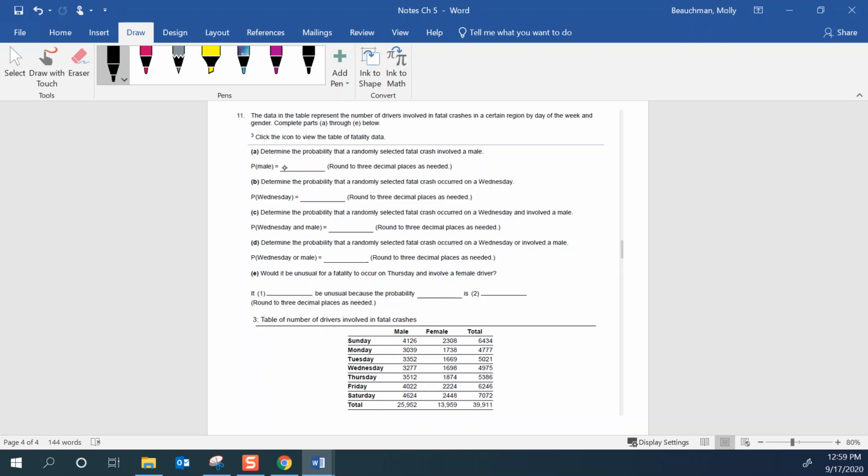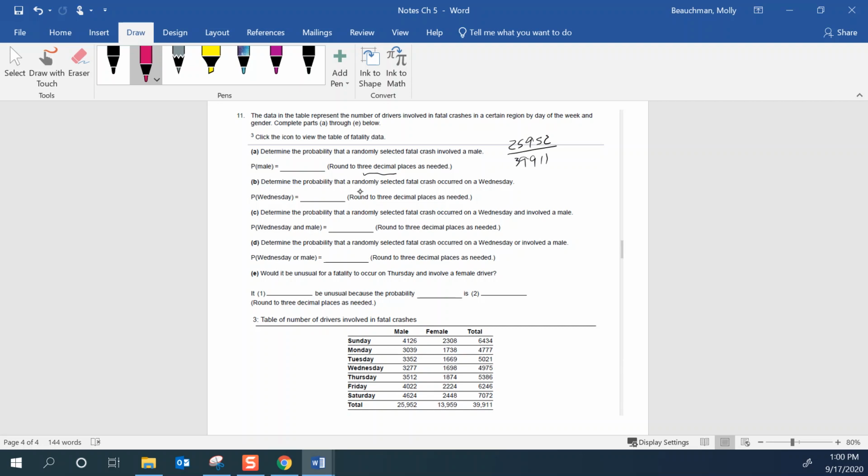So for A, determine the probability that a randomly selected fatal crash involved a male. So we would take male, 25,952, divided by the total, 39,911. And then you would put that in the calculator and round to 3 places.